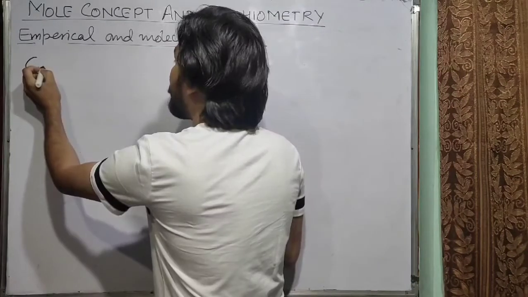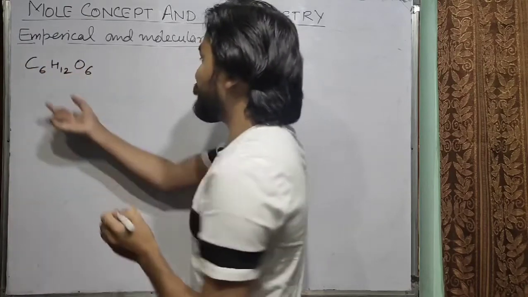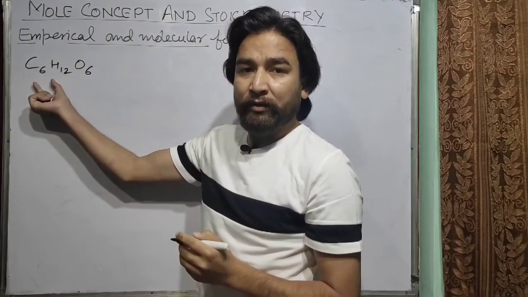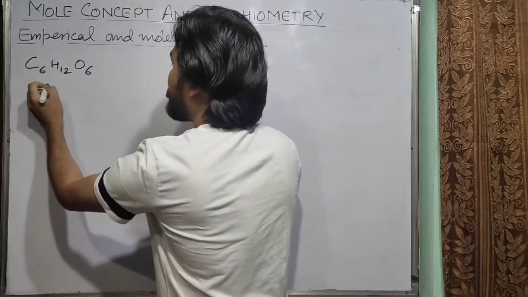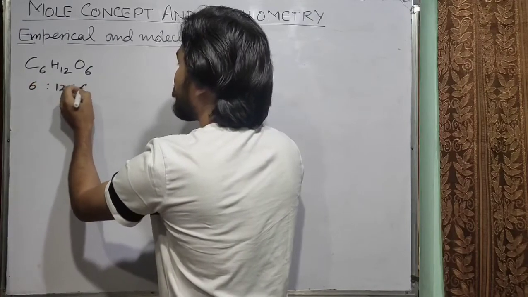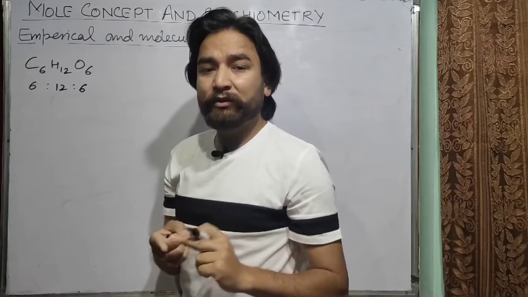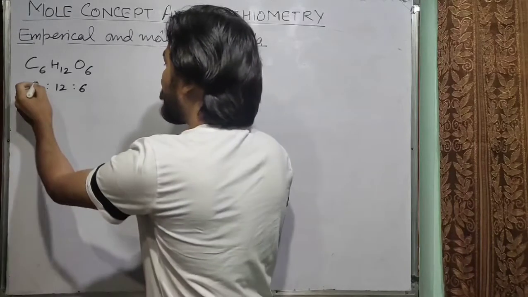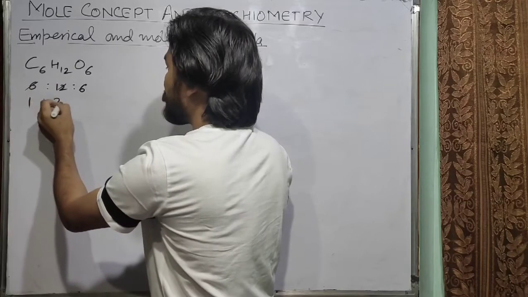So formula of glucose, that is C6H12O6. If we see the ratio of atoms of different elements, that is the ratio of carbon to hydrogen to oxygen, that is 6:12:6. But if you convert it into a simple whole number ratio, you know that it will be divided by 6, that will be 1:2:1.